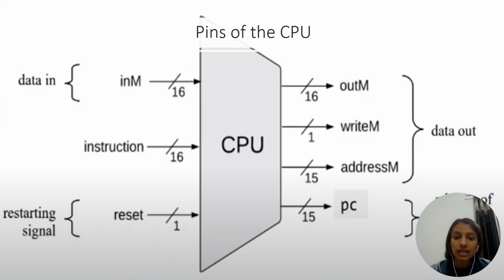WriteM, if it is 1, allows you to store the output of the ALU in the data memory register at this location. AddressM gives the location, saying that at this address you can store the output of the ALU. PC is used to fetch the next instruction and work on the current instruction in the CPU.